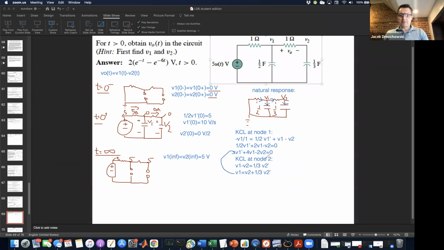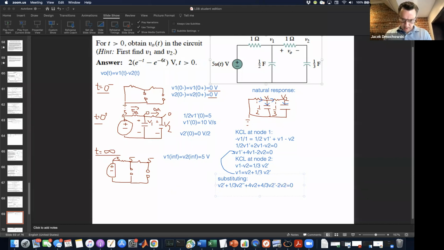And then what we're going to be left with is an equation that only has V2 terms. And so if you substitute, you get the following: V2 prime plus 1/3 V2 double prime plus 4V2 plus 4 over 3 V2 prime minus 2V2 is equal to 0.